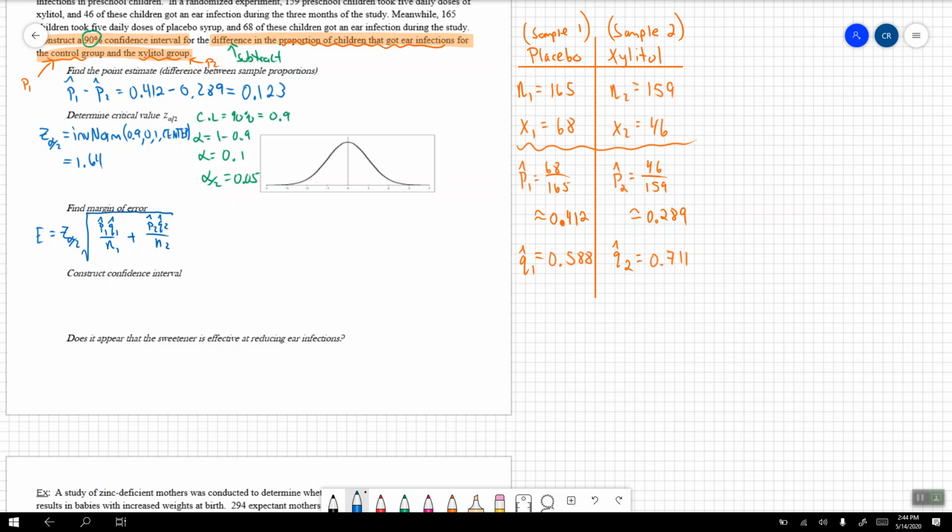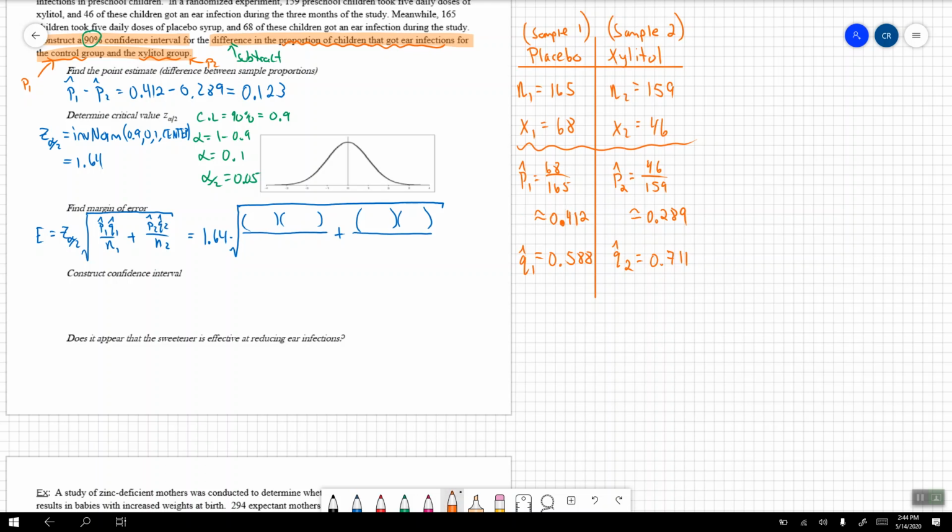All right, so making our insertions here, we have a z-score of 1.64, and we're going to multiply this by the square root, and then we need p hat and q hat. The good part about this is that we've done the calculations for this.